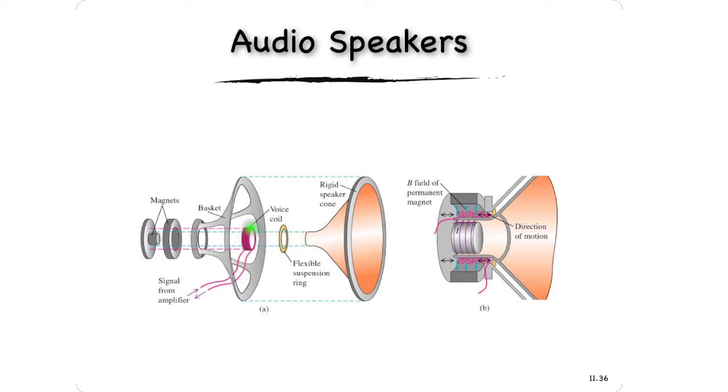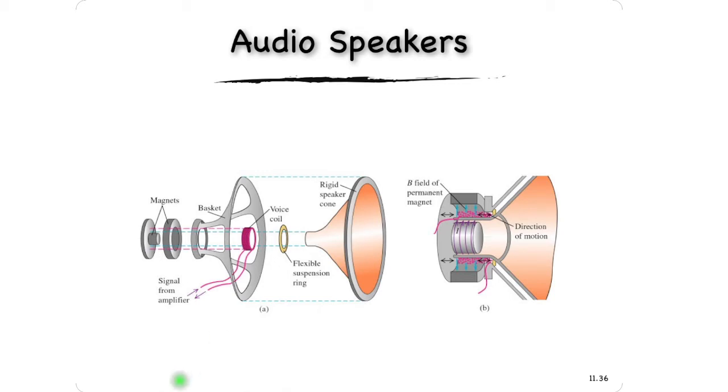And when current flows through that coil, the magnetic field produced by the magnet will exert a force on that coil and push it back and forth, depending on the direction of the current. And so if you fix that coil in space, Newton's third law tells you that the coil will exert a force on the magnet, and that magnet's attached to the speaker cone, so it's going to move back and forth and shake the speaker cone and produce your sound wave.